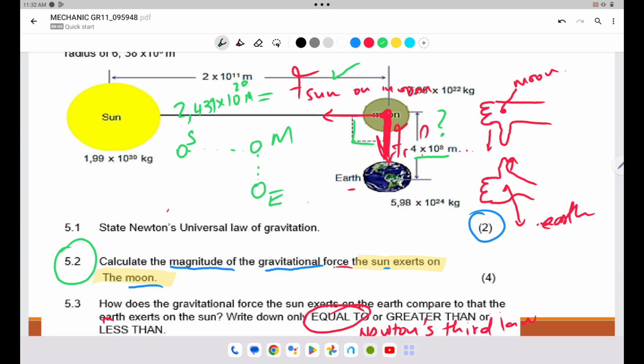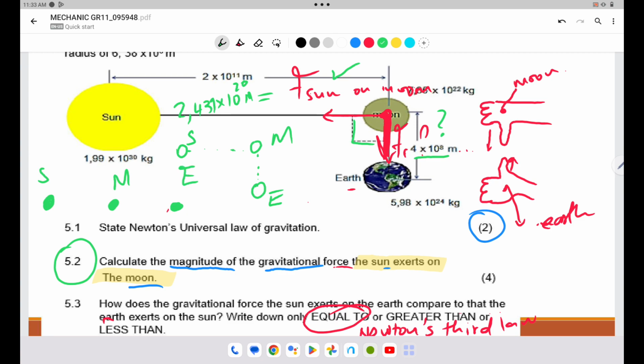But it would have been interesting if these objects were arranged along the same straight line. If that is the case, then we would probably have the sun somewhere in the middle, we would have the moon somewhere there, we would have the earth somewhere there.